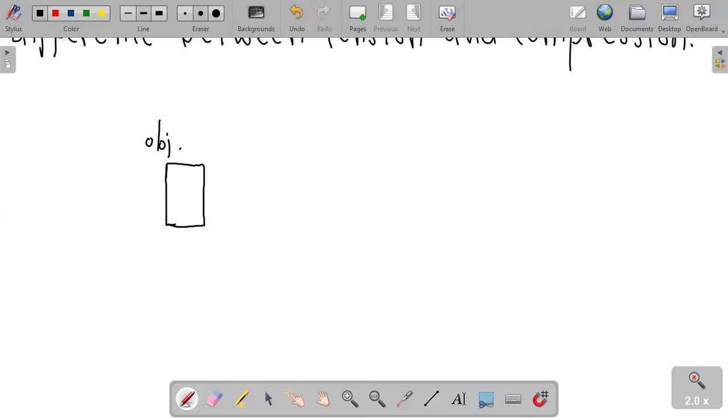And if we apply a compression force, what would happen? The object will become a little bit more like this. So there are two forces acting from both directions.